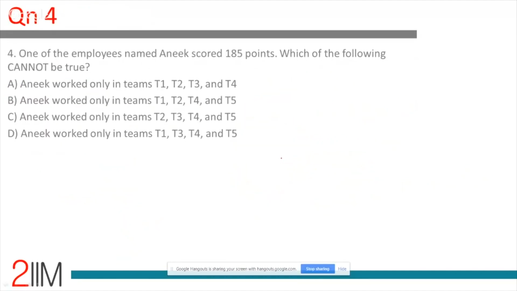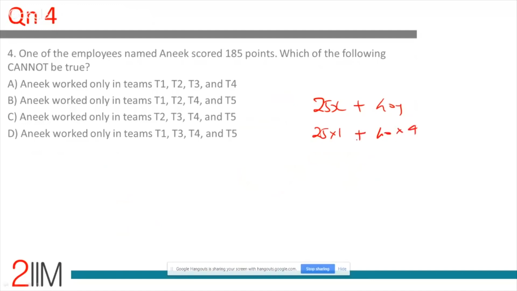Yeah, good question. One of the employees named Anik scored 185 points. This is telling us that 185 is possible. Right? So back to our 25x plus 40y. Very clear. 25 once, 40 4 times.